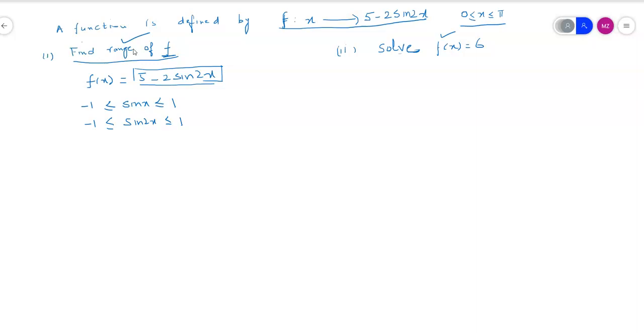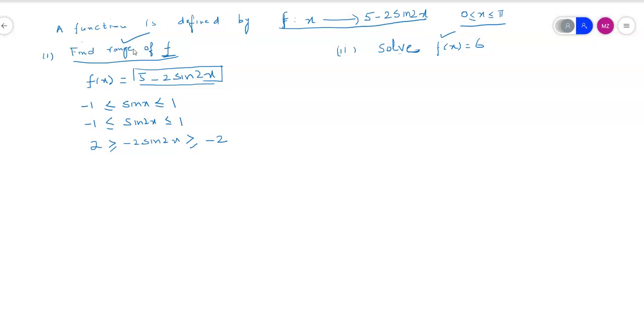When you multiply minus 1 with minus 2, it becomes 2, and the middle becomes minus 2 sine of 2x, and when 1 is multiplied with minus 2, it becomes minus 2.